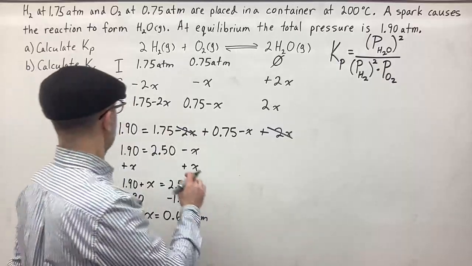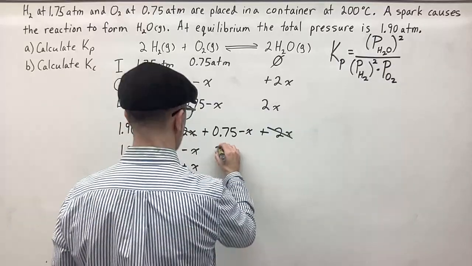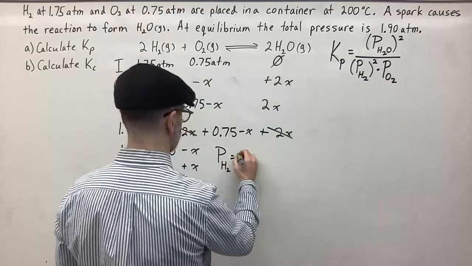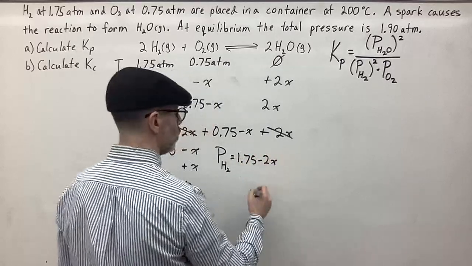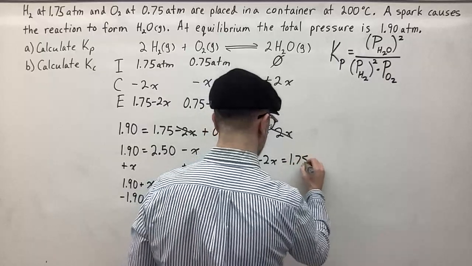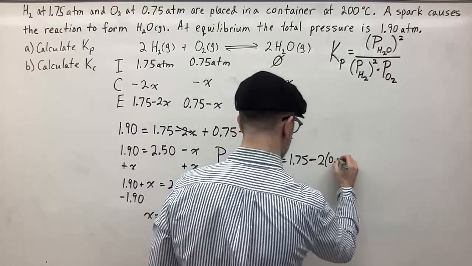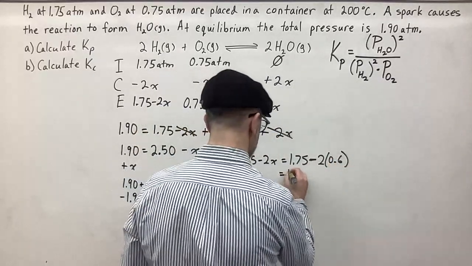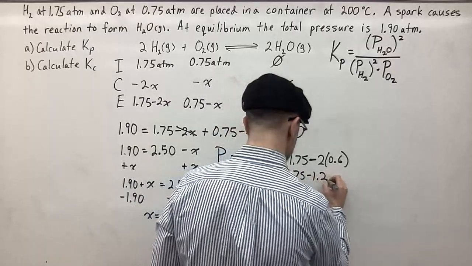And so if we take this, the partial pressure at equilibrium for H2 is going to be equal to 1.75 minus 2x, right? Which is equal to 1.75 minus 2 times 0.6, which is going to be equal to 1.75 minus 1.2.